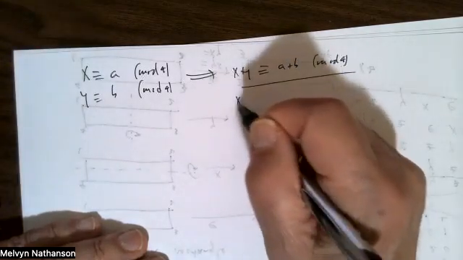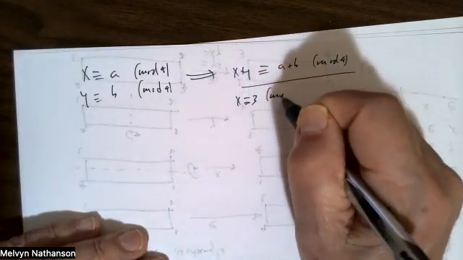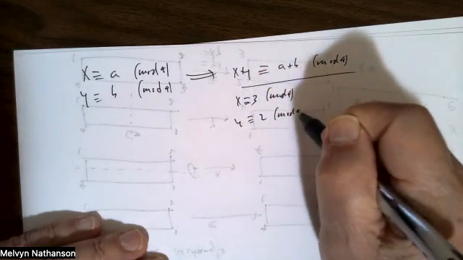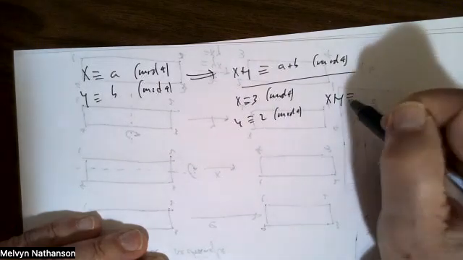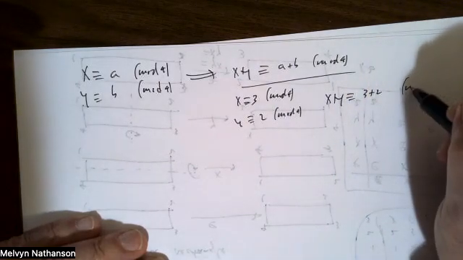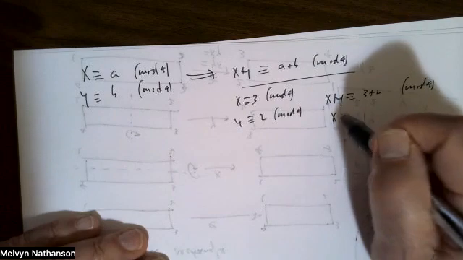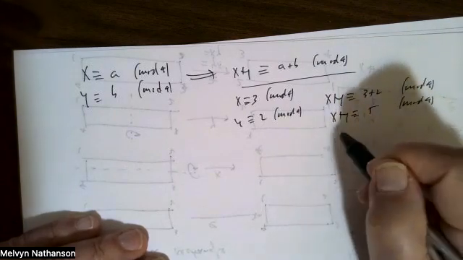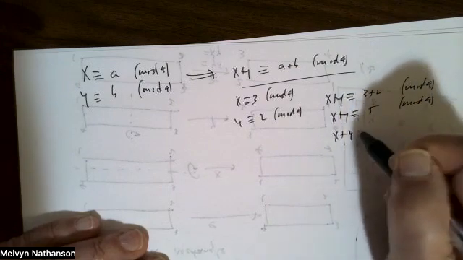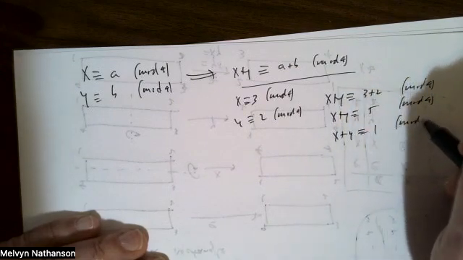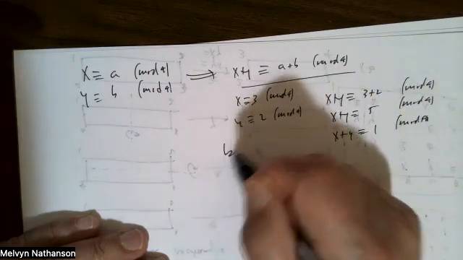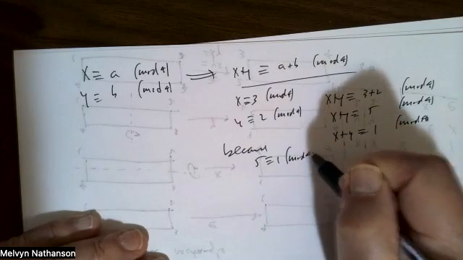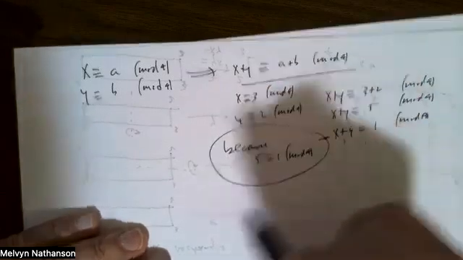So if x is congruent to 3 mod 4, and y is congruent to 2 mod 4, for example, then x plus y is congruent to 3 plus 2 mod 4, which means x plus y is congruent to 5 mod 4. But 5 is congruent to 1 mod 4, so x plus y is congruent to 1 mod 4. That's what I use there.